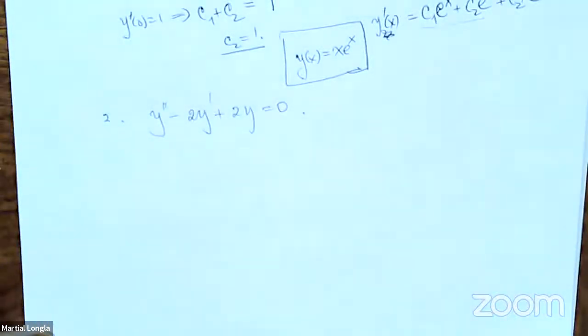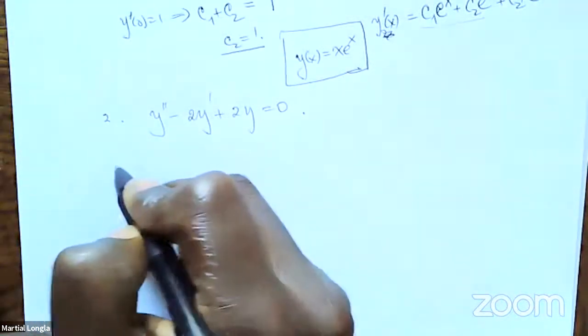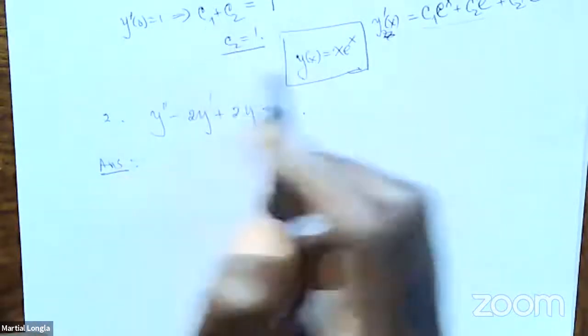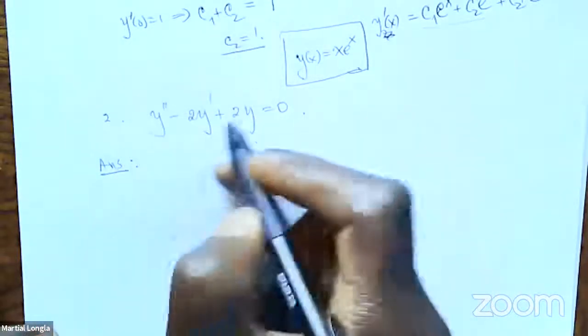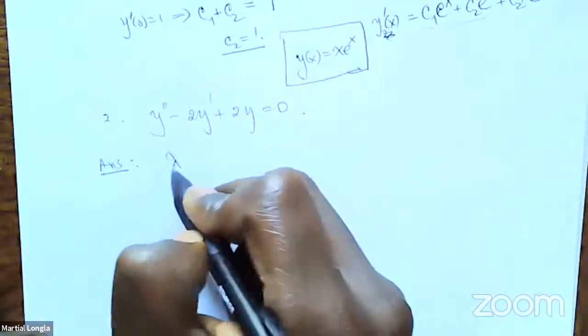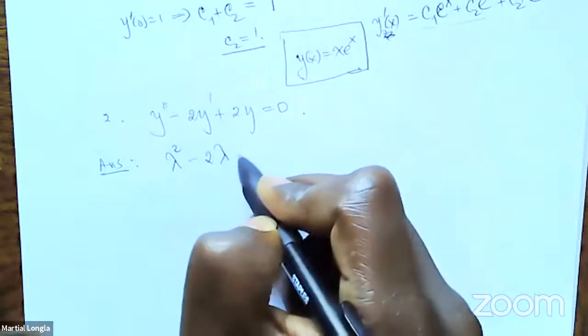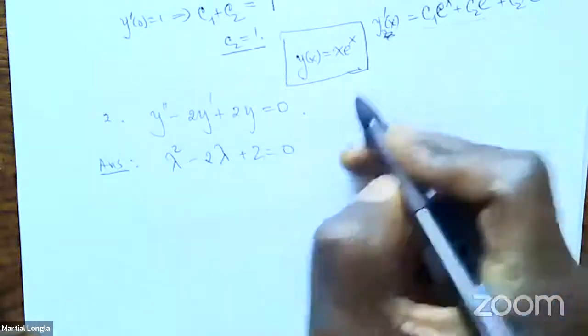We have such an equation, and that's all on the second order linear with fixed coefficients, homogeneous. So again, here you would have lambda squared minus 2 lambda plus 2 equals 0.